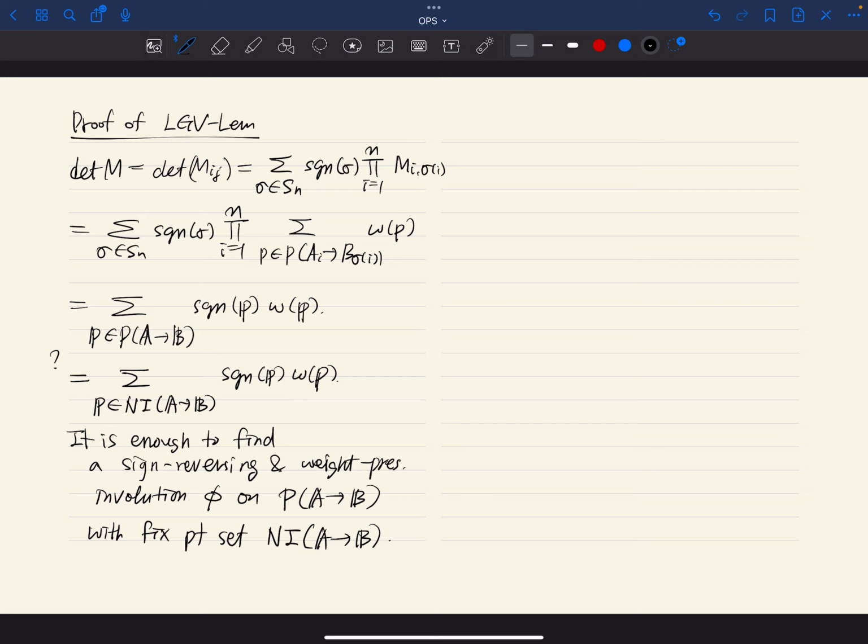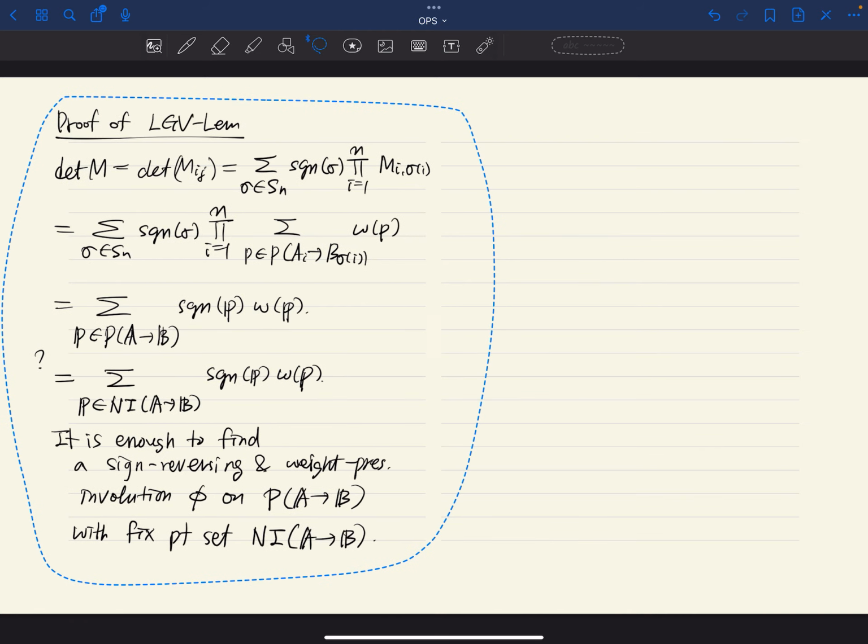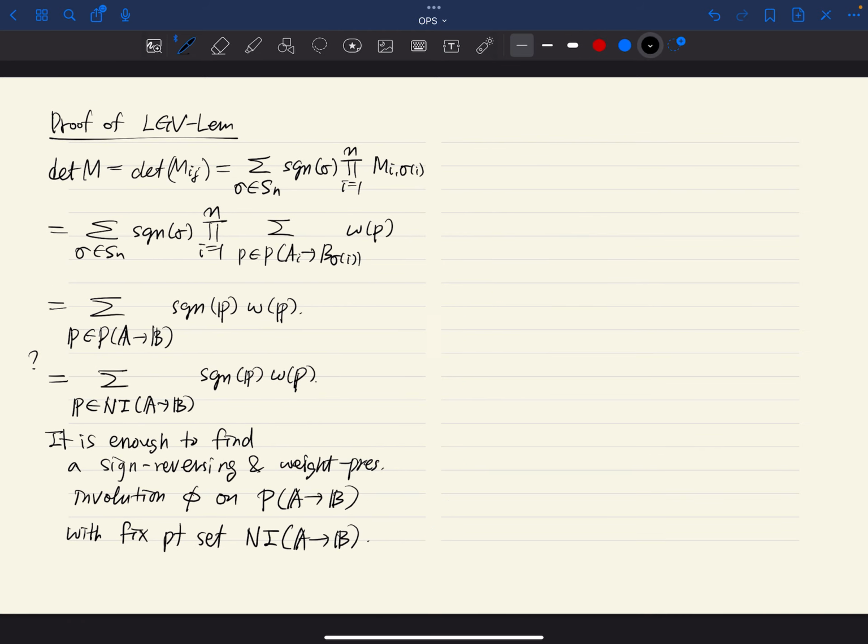Okay, this is what we want to do. This is our goal. Okay, so now we have all this set up. The proof is not that difficult and not that long, actually.